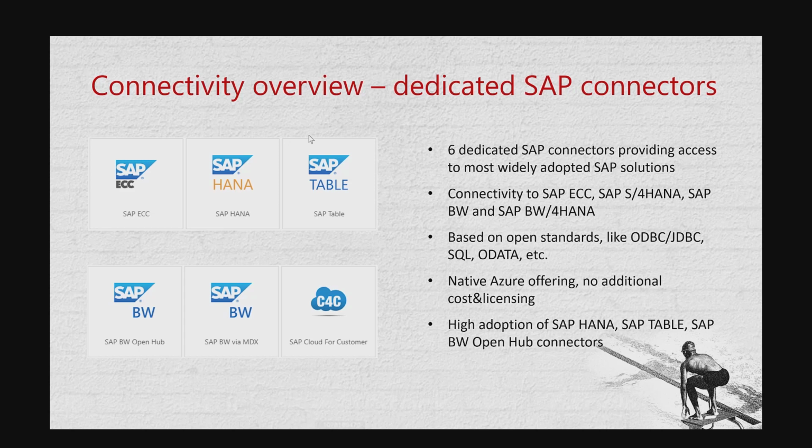But for mass data extraction, of course, other technologies like SQL and RFC or JDBC, like in the case of the HANA connector, or also the connectivity to BW via Open Hub is typically preferred by most of the customers. So from that perspective, it's quite clear that for ETL aspects and mass data extraction, the focus lies on those 3 connectors which I have mentioned.